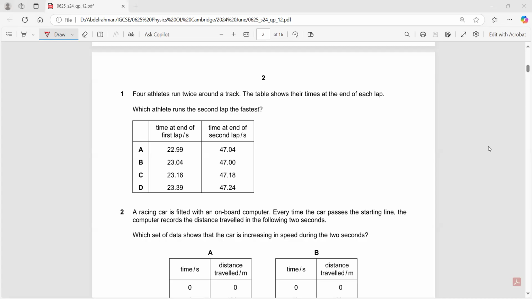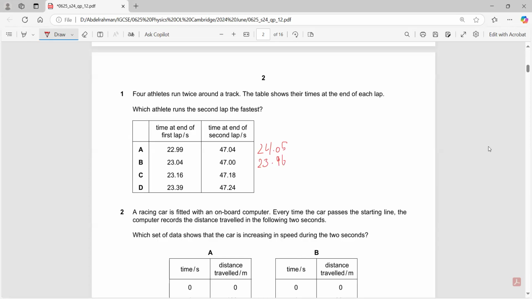How can I find the time of the second lap? Subtract: 47.04 minus 22.99. The time of the second lap would be 24.05. So this is for A. What about for B? 47 minus 23.04, which is 23.96.